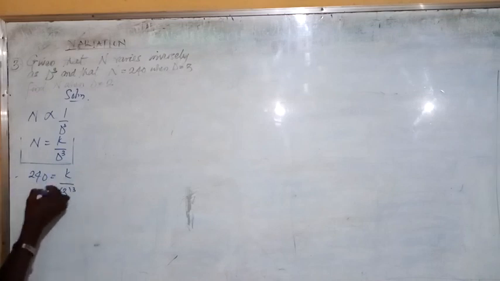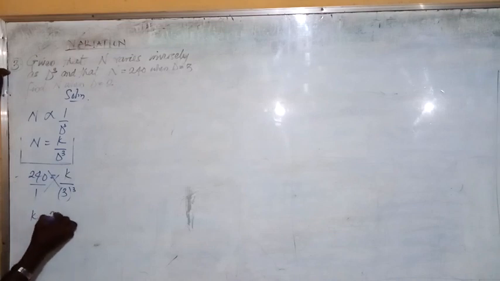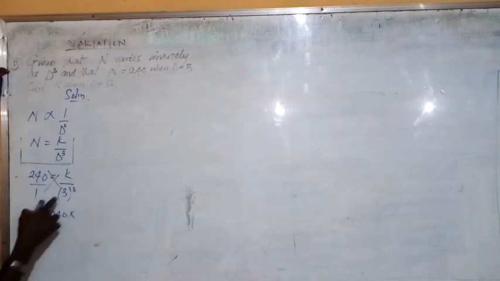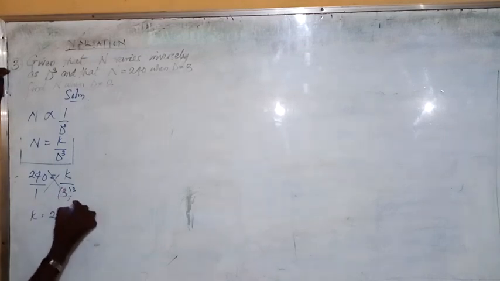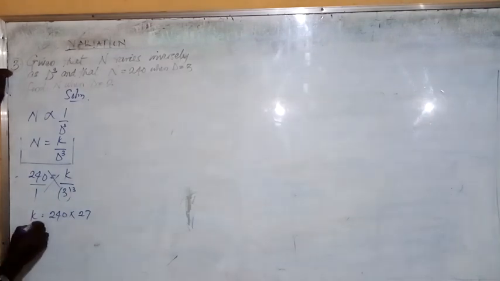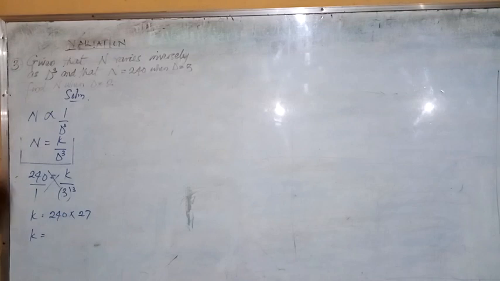So we cross multiply here, so that we have k equal to 240 times 3 cubed. 3 cubed is 27, so 240 times 27.